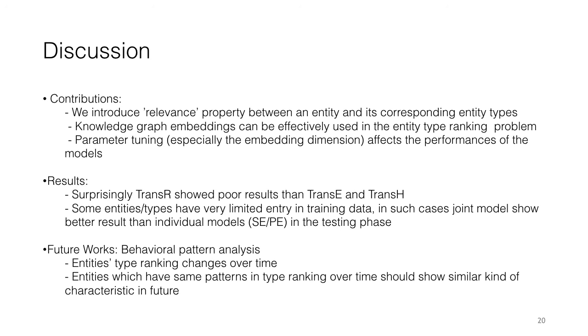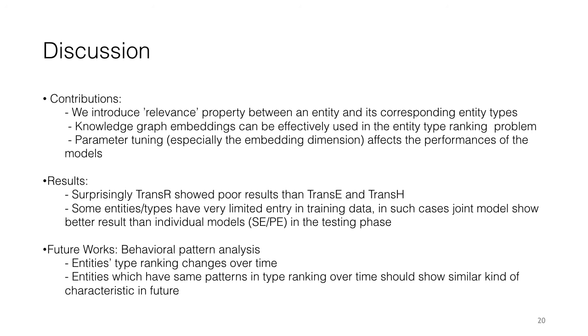Some entities and types have very limited entries in the training data. In such cases, joint models show better results than the individual models. We also showed you the individual results in the testing phase. For this reason, we have analyzed the structure embedding models deeply.